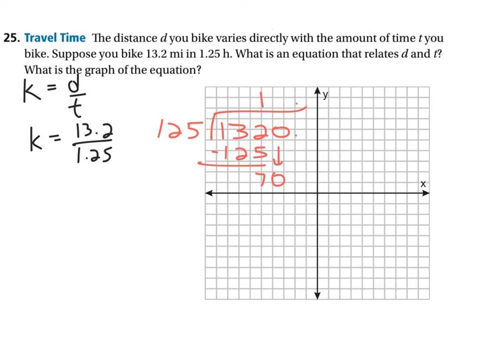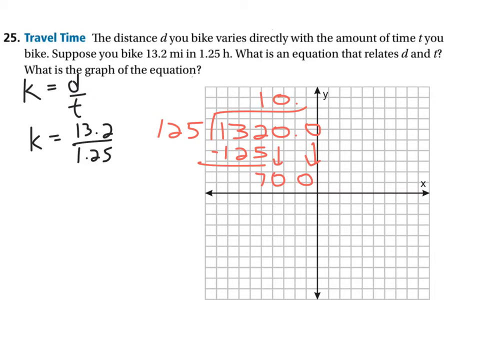How many times does 125 go into 70? It does not, so 0 times. I'm going to annex another 0 at the end, bring it down. How many times does 125 go into 700? Well, it can't go in 7 times, because it's bigger than 100. It can't even go in 6 times, because if we multiply the 100 by 6, we get 600, and multiplying this by 6 is greater than the other 100 that's left to get from 600 to 700.